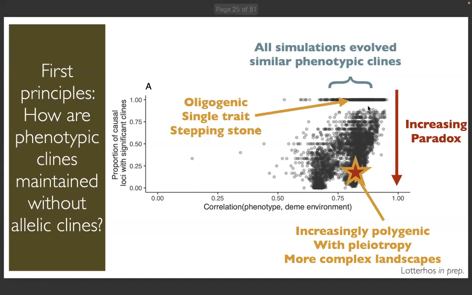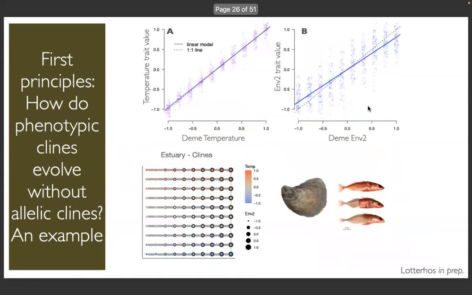So to illustrate how phenotypic clines are maintained without allelic clines, I'm going to show you an example from this area of the parameter space. So this is one of those estuary cline simulations, and I've plotted the phenotypic clines on the top. So for each individual, their trait value is plotted against the environment of the deme where they were sampled.